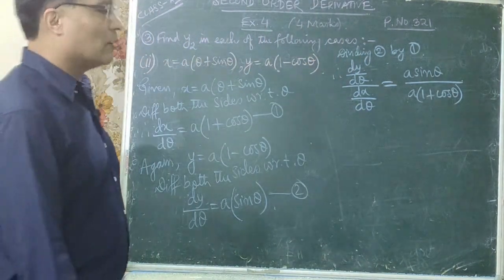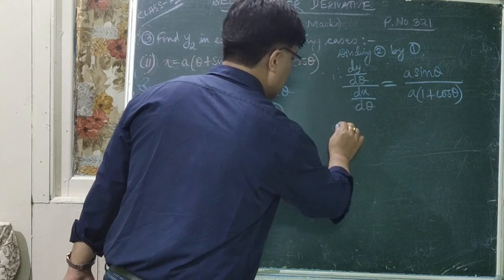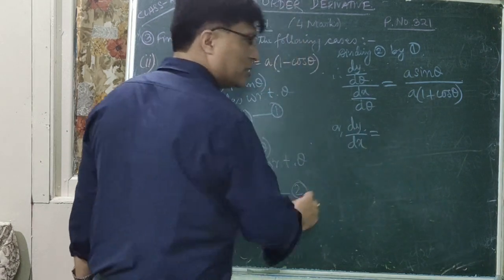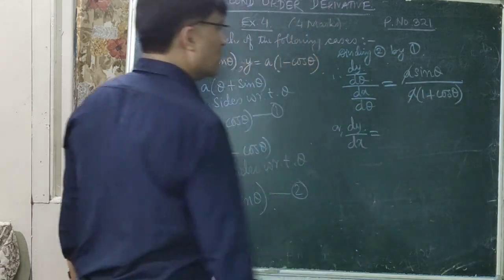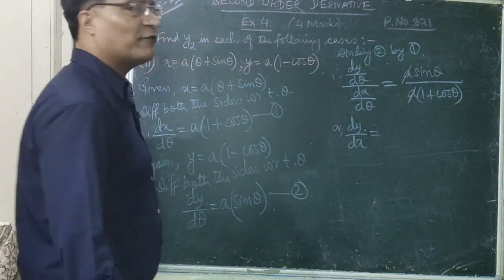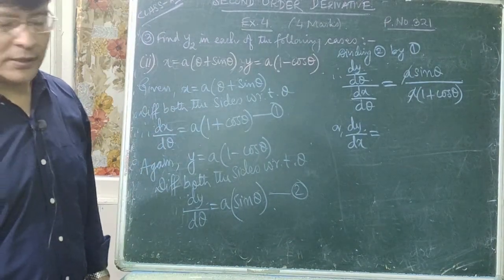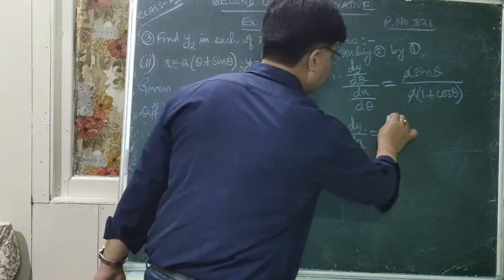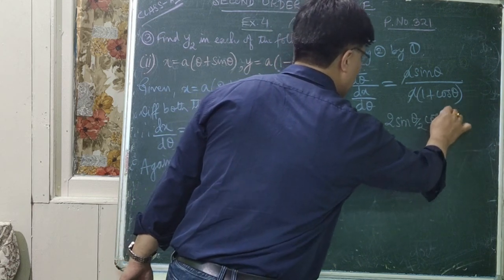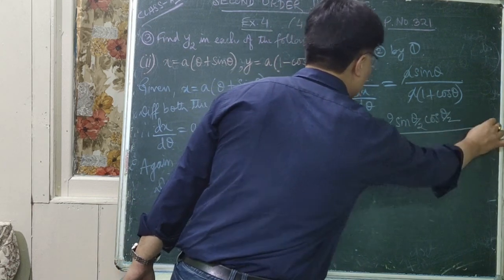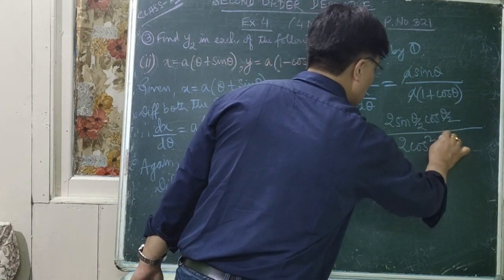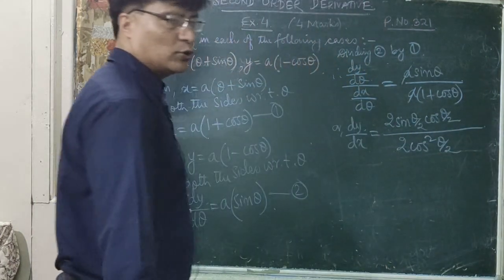Okay. Now let's simplify it. Here d theta gets cancelled. So it is dy by dx, which is equal to, here also a gets cancelled. So you can use the formula from submultiple angle in trigonometry. So what is the formula for sine theta? It is 2 sine theta by 2 cos theta by 2 divided by, what is 1 plus cos theta? 2 cos square theta by 2.